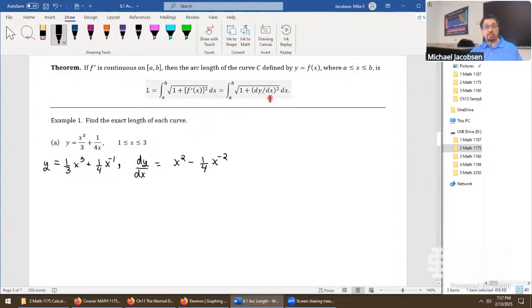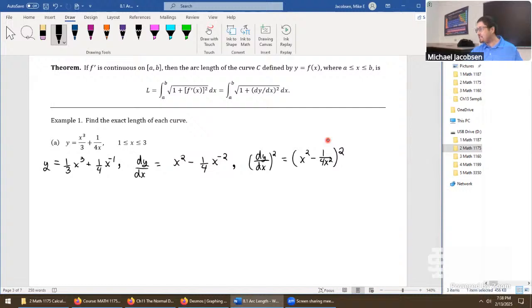Next thing we want to do is square that whole thing. So (dy/dx) squared is our next thing to compute. This would be the square of x squared minus 1 over 4x squared. All I've done here is taken the x to the power negative 2, and dropped it into the denominator.